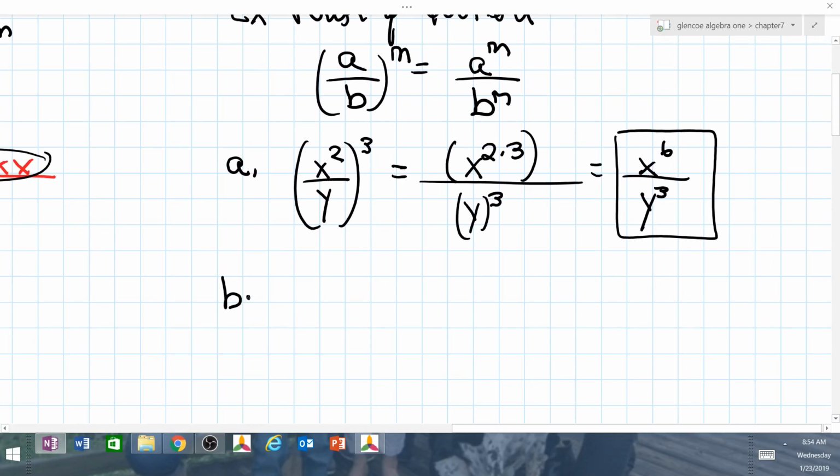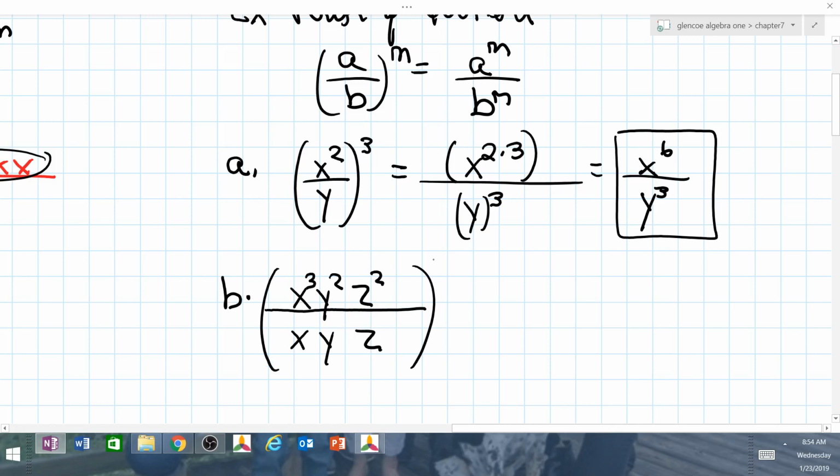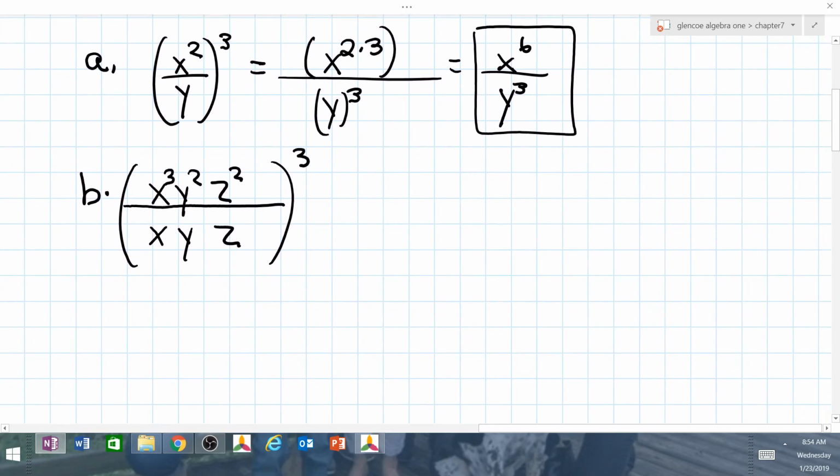Let's try x plus z. So I want you to rewrite the numerator.